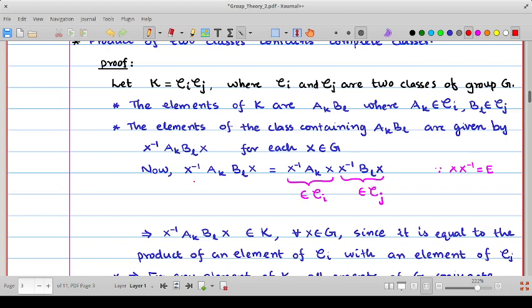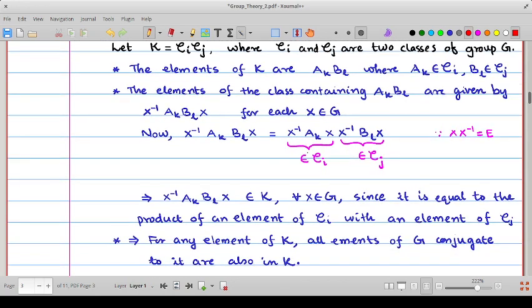Now we see that X inverse AKBLX is equal to X inverse AK times the identity element times BLX. Because if you insert an identity over here, the product remains the same because E times BL is BL, and therefore placing an E doesn't matter. So now E can be written as the element X times X inverse.